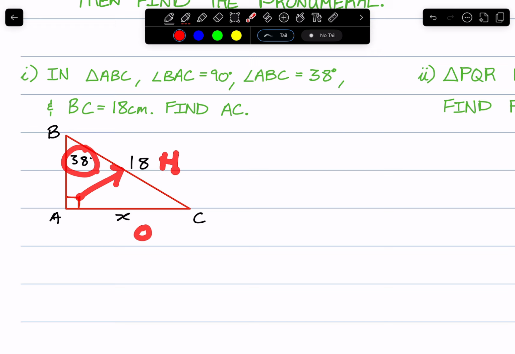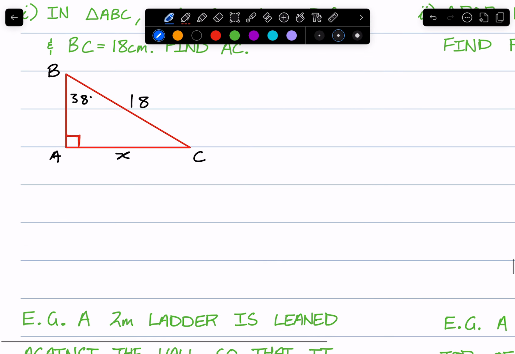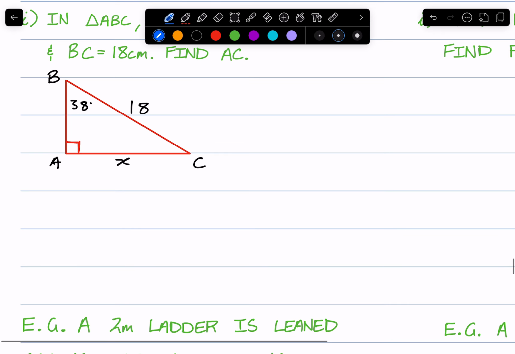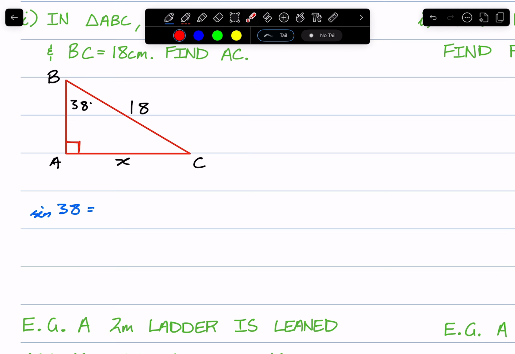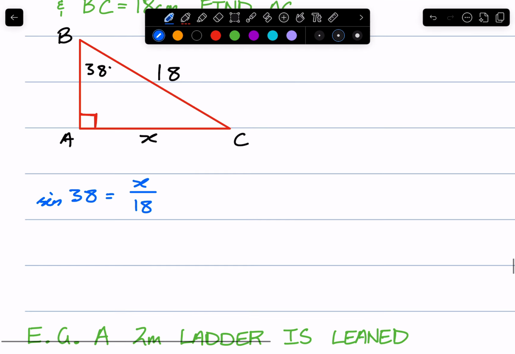A ratio that uses opposite and hypotenuse is going to be sine. So sine 38 is equal to opposite over hypotenuse, so this is x over 18.